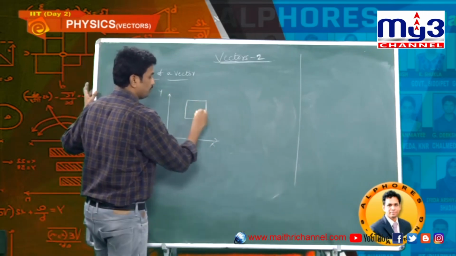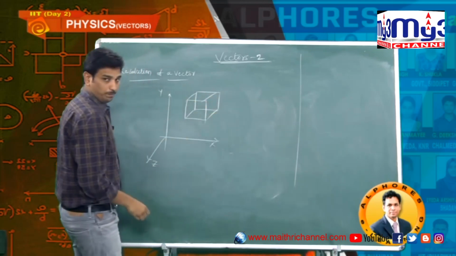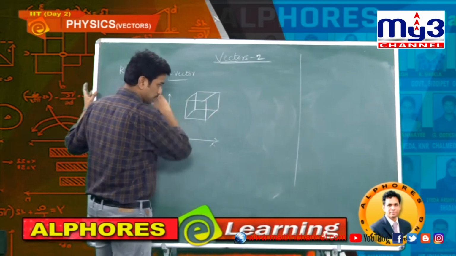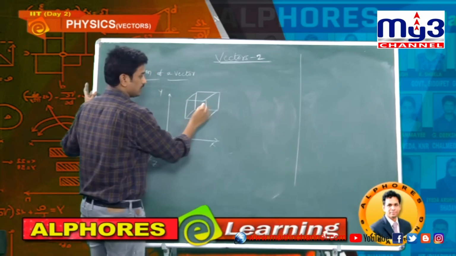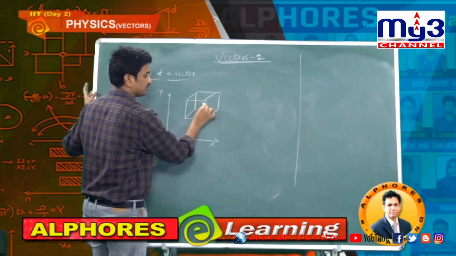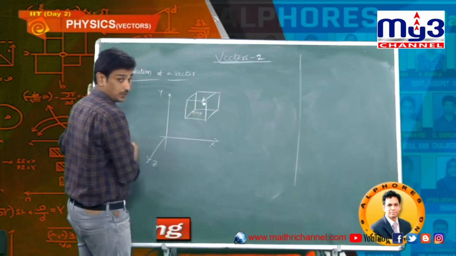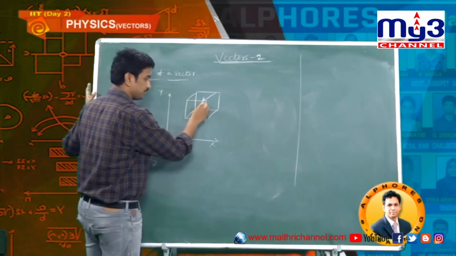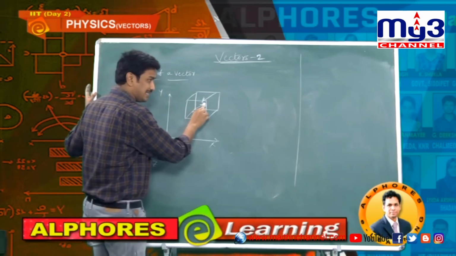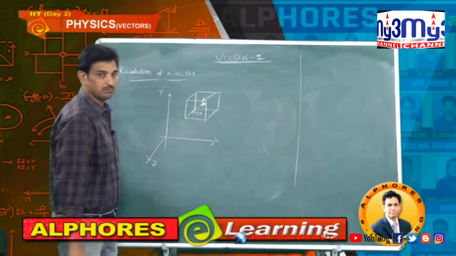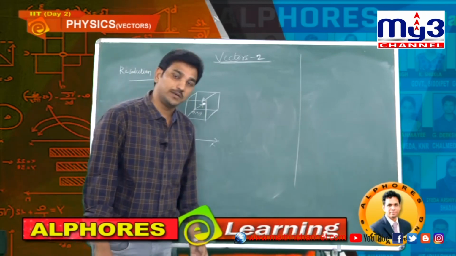Let me take a cube. Here somewhere the point is there. Here it is a point P, its origin. The cube is 3-dimensional. Point in 3D, vector is 3D. Point in 2D, vector is 2D.